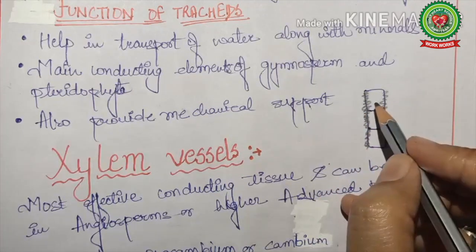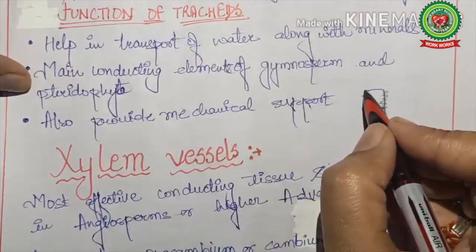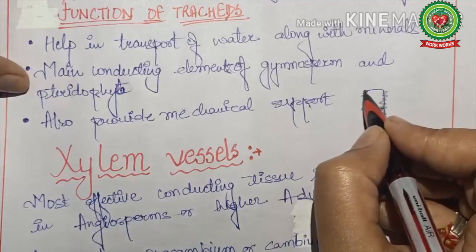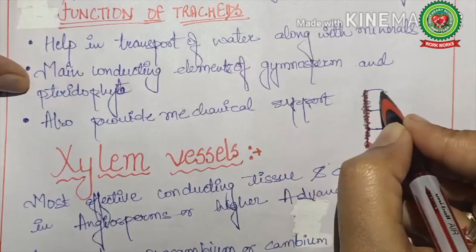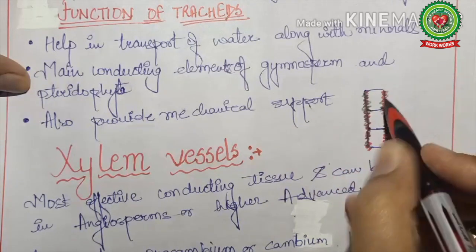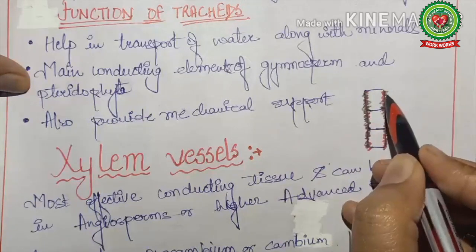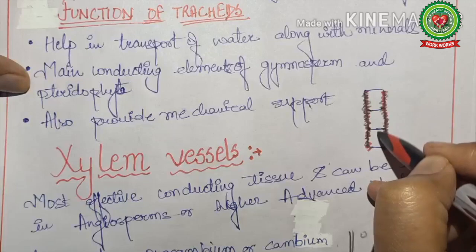Later on, only where microfibrils are arranged, there the lignification will take place, like this. As you can see, the lignification takes place along the longitudinal wall only. There is no lignification on the transverse wall.